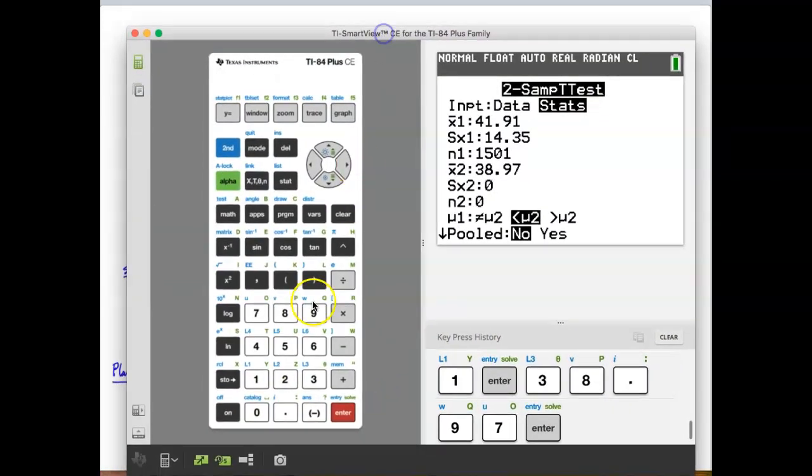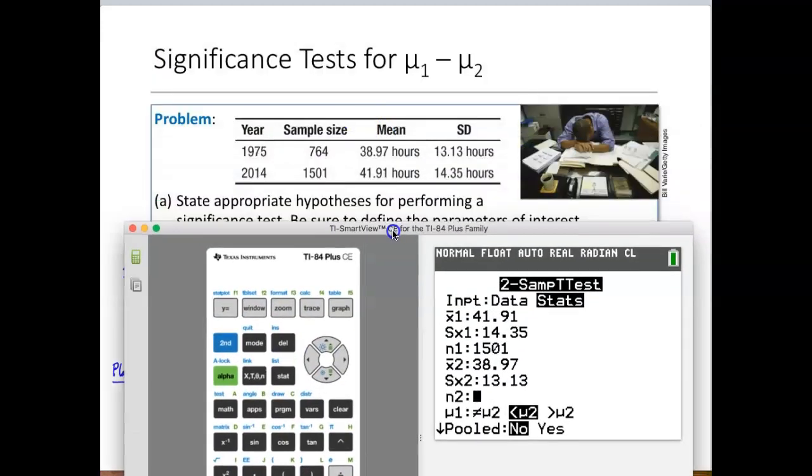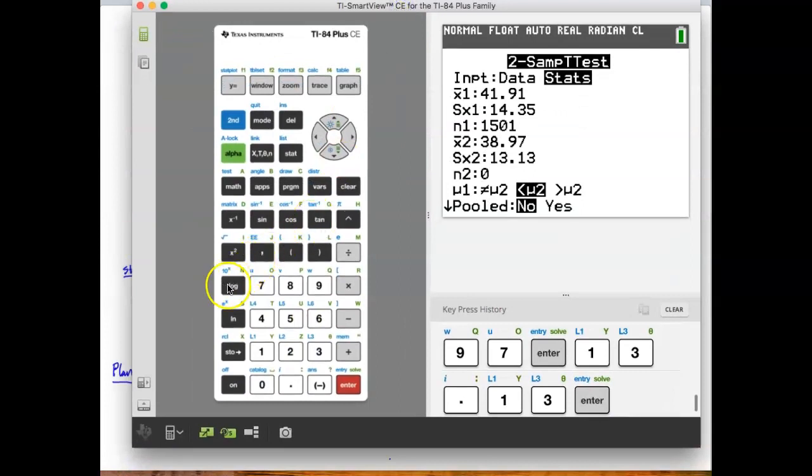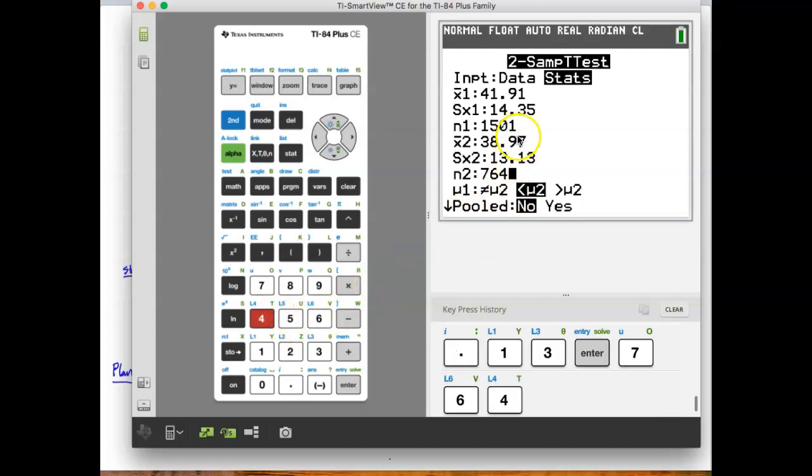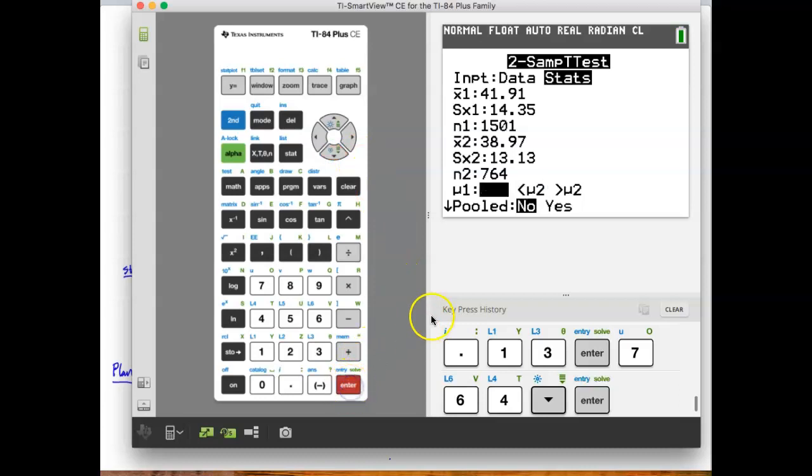And 13.13. And 764. For mean, we're always going to say no to pooled. And then this is going to be our alternative hypothesis, and we specifically want to know if they are not the same.